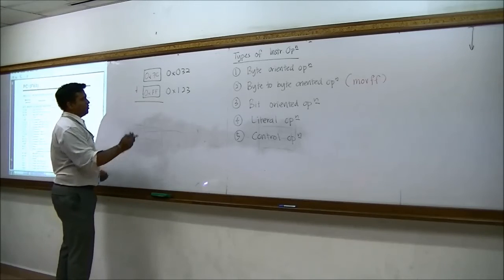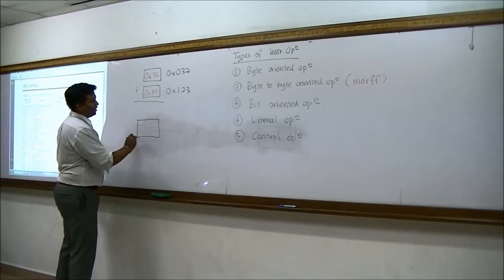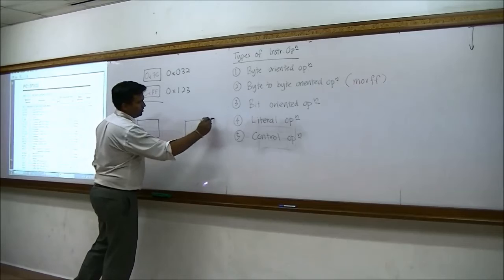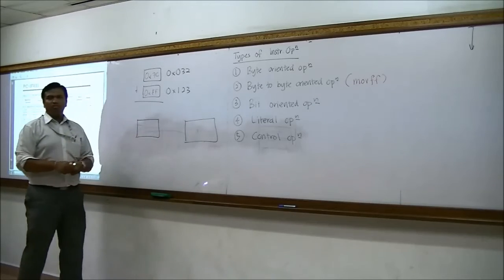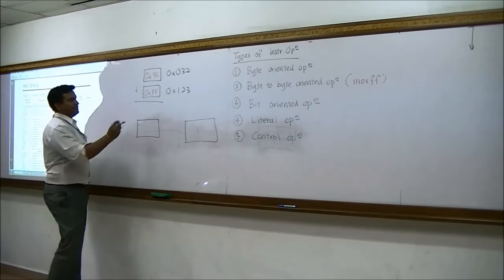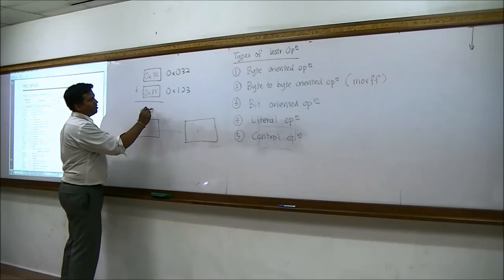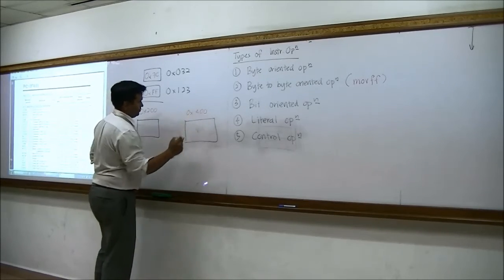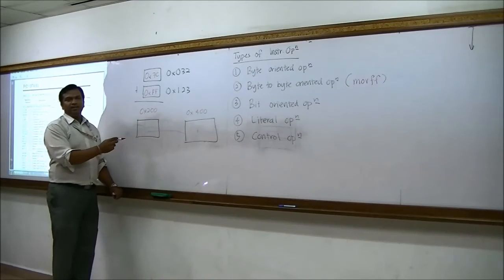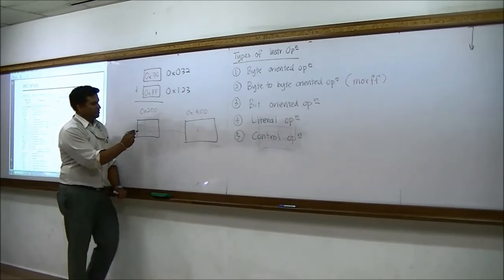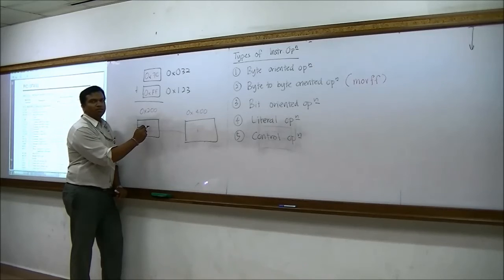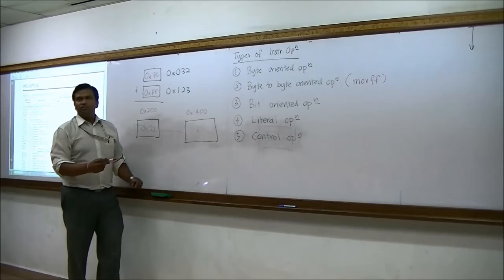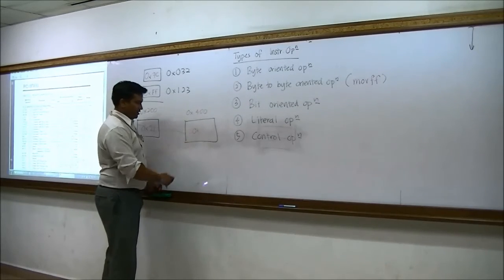So what do you mean by byte to byte? Assume that you have two locations in data memory, let's say the first one is hex 200, the second one hex 400, with some sample data inside data memory.